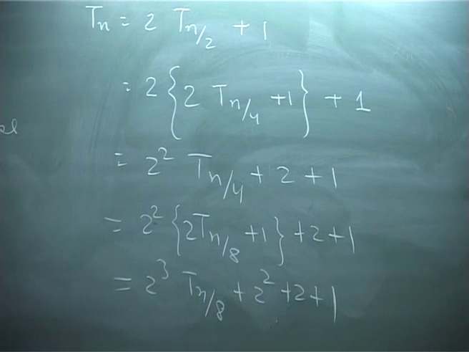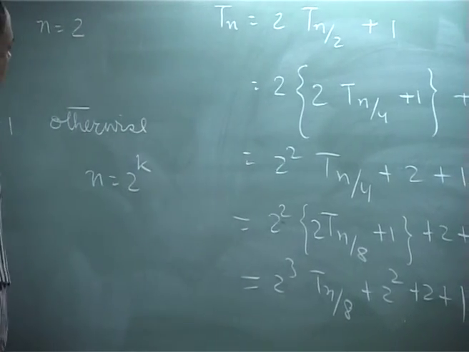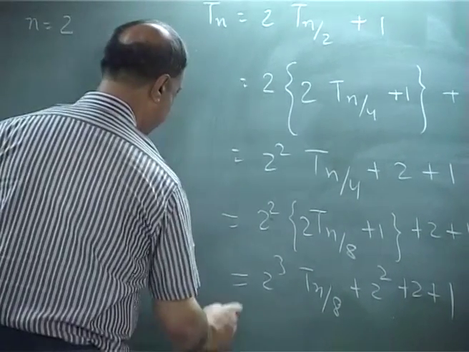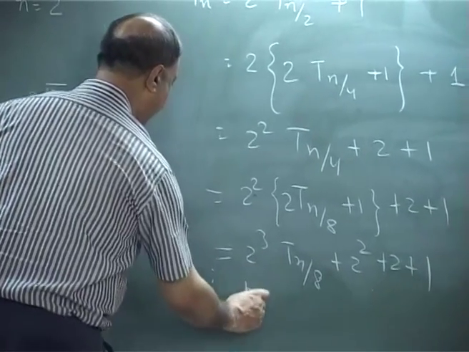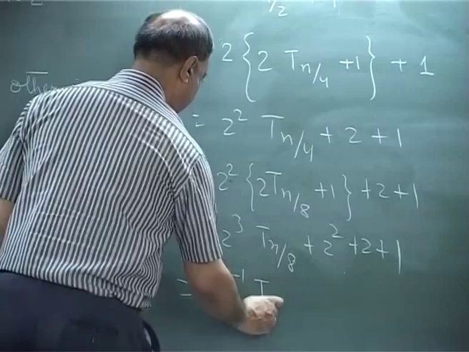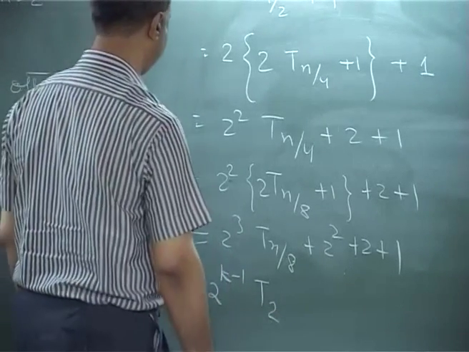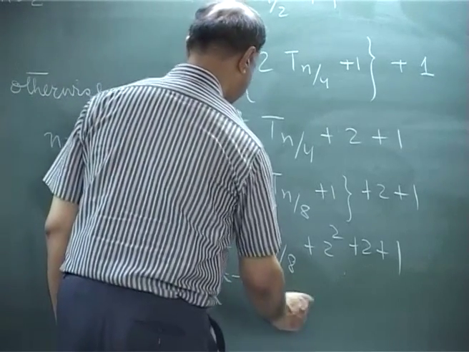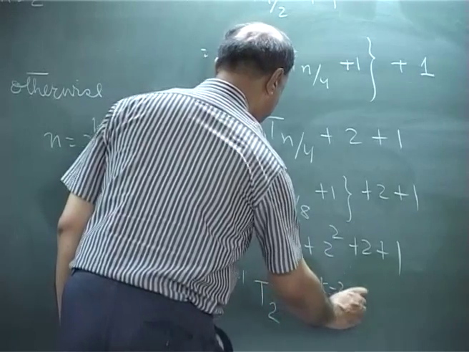So if n equals 2 to the power k, I get 2 to the power k minus 1 times T(2) plus 2 to the power k minus 2, and so on.